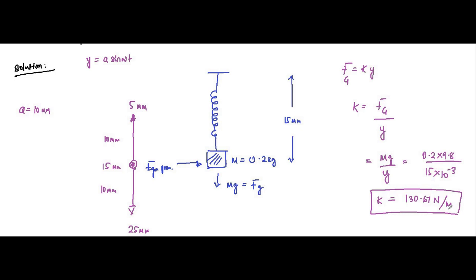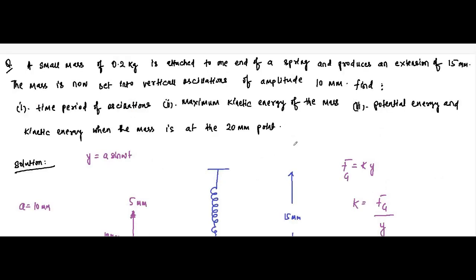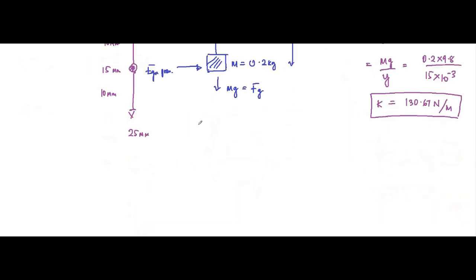Now first it has been asked to find the time period of oscillations. Time period equals 2 pi by omega, the angular frequency. Omega we have to calculate, that is equal to root over k by m, which is equal to root over 130.67 by 0.2, and it is coming around 25.56 radians per second.